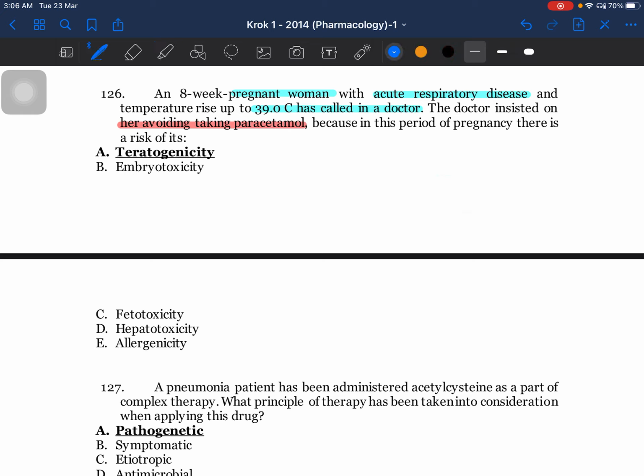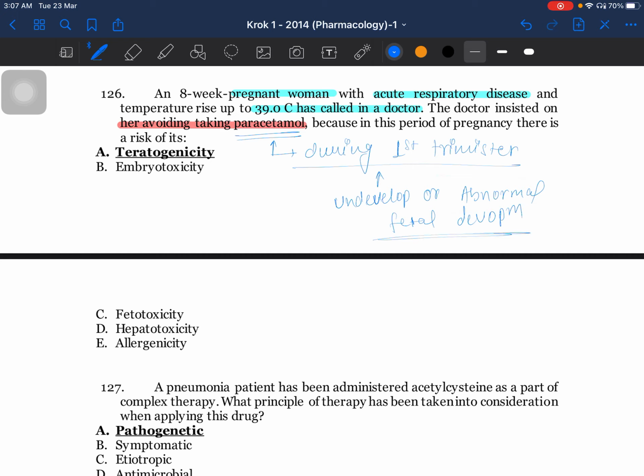So, while taking paracetamol during the first trimester, there is a risk of underdeveloped, or you can also say abnormal fetal development.